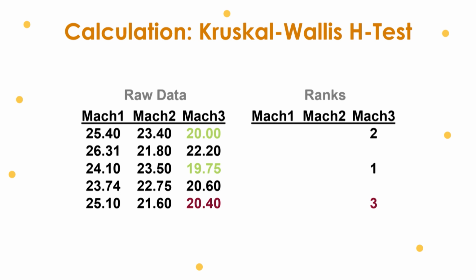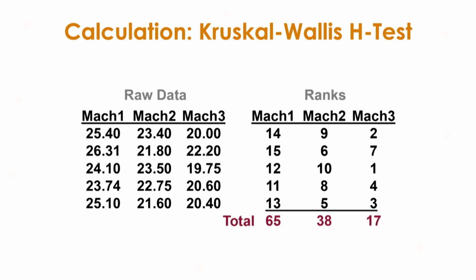Like this we continue the process and give a rank to each observation. At last we have given ranks to all 3 machines, starting from 1 and ending with 15. Then we proceed to calculate the total of ranks for each group.